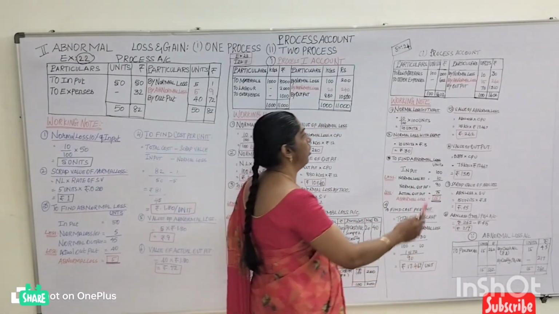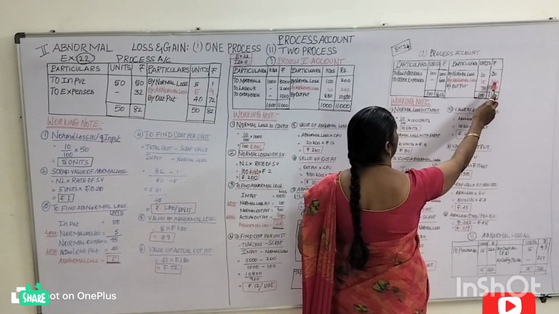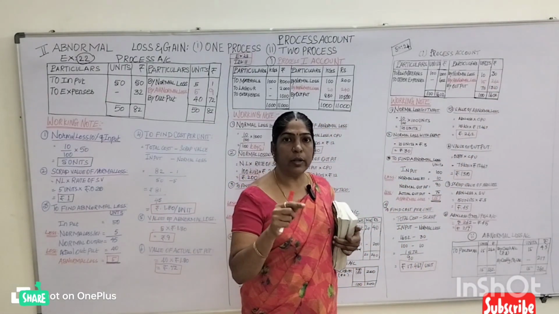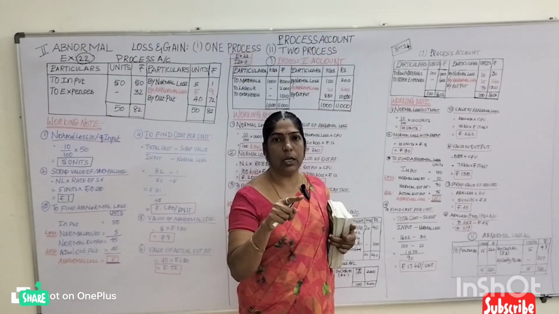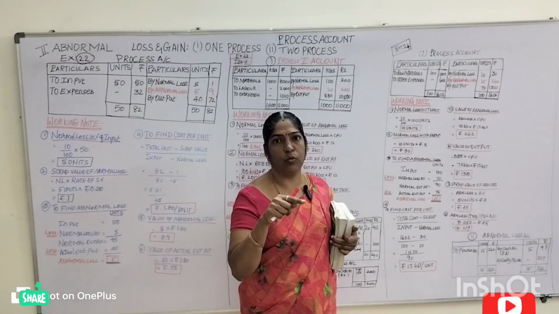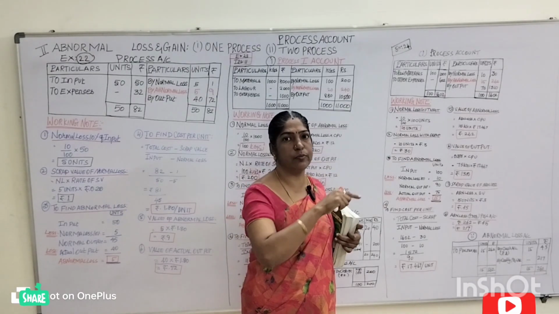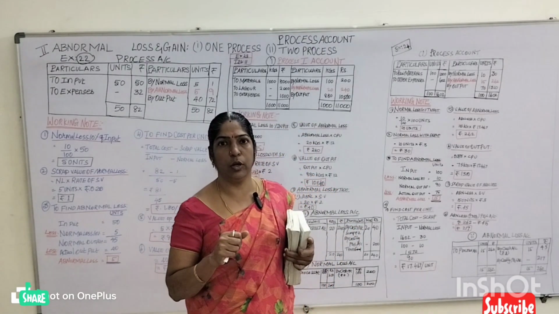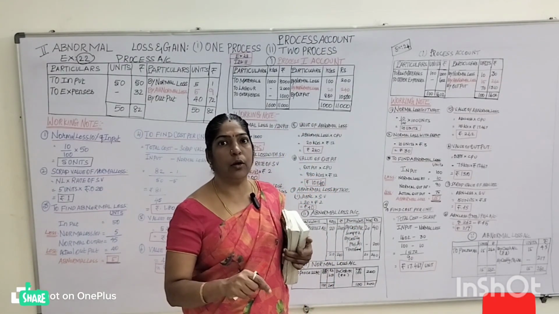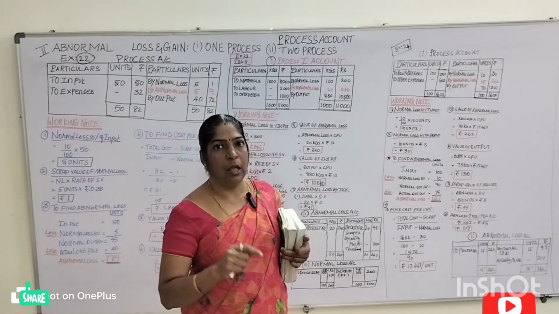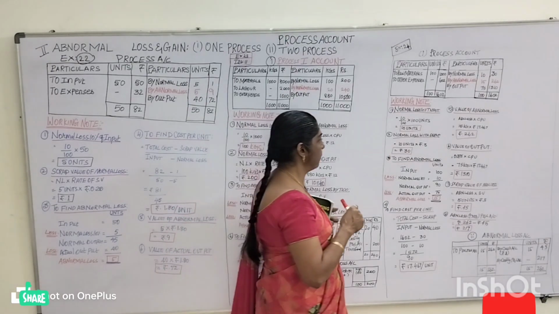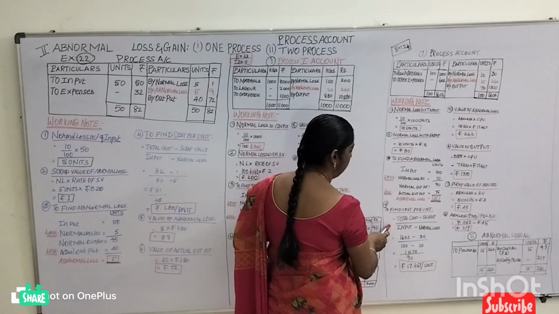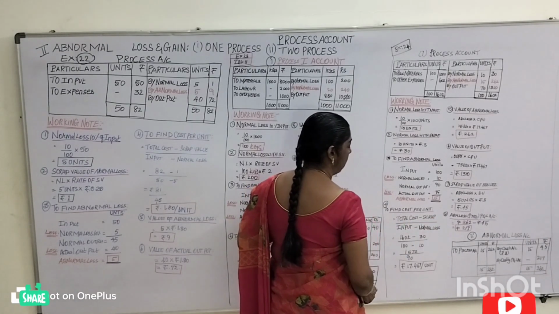Now we find the value of abnormal loss. How can you find it? You need the cost per unit; once you know it, you can find the abnormal loss value and the output value. The format for cost per unit is: total cost minus scrap value divided by total input minus normal loss.